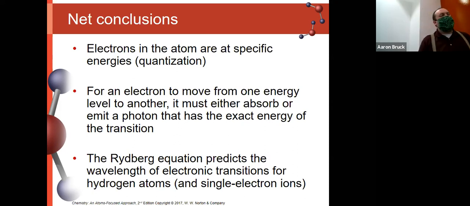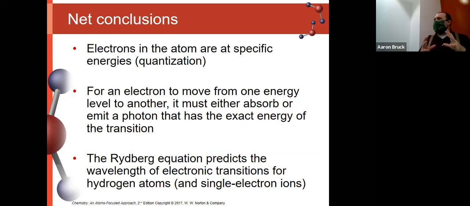And thirdly, we now can see that the Rydberg equation will allow us to predict what the wavelength of light is for those transitions, with one important caveat. We have to be either looking at a hydrogen atom or a hydrogen-like atom, meaning having only one electron.